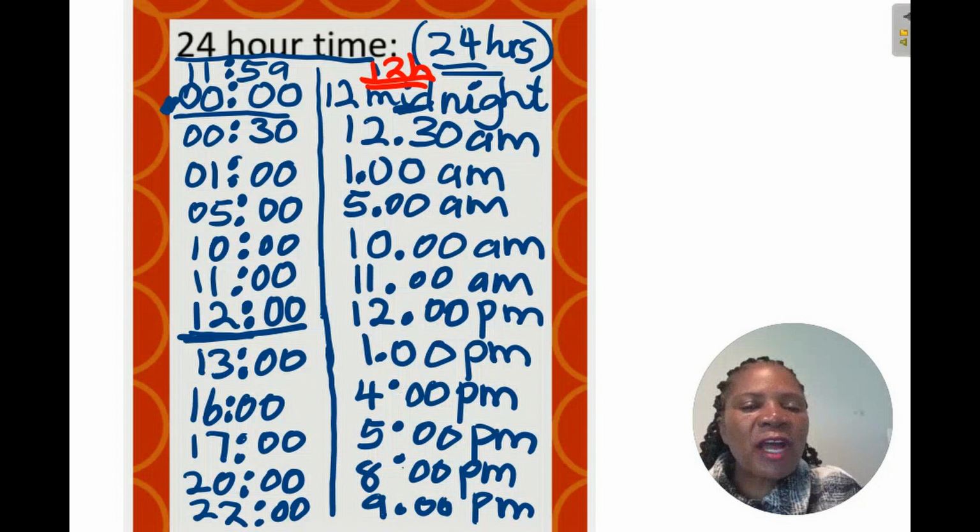On the 12-hour time, we have to indicate that it is morning. In the 24-hour time, the morning times will have a 0 and the hour. It must be written with 4 digits like that, and you don't need to indicate whether it is in the morning or the afternoon. When we see 0100, we can see that this is 1 o'clock in the morning.